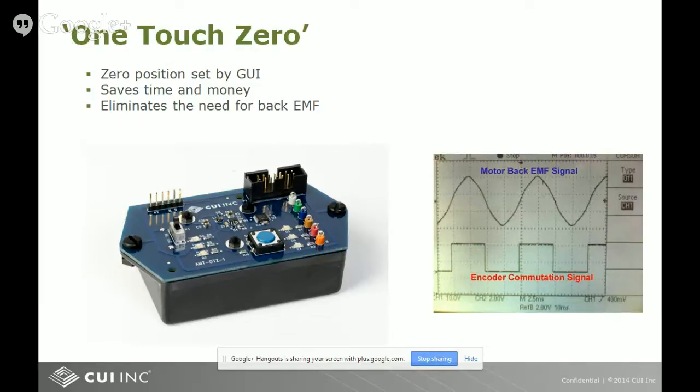Without going into too much detail on what that all entails, this is a major time savings, and certainly if there's any questions, I'd be happy to address that here in the talk.